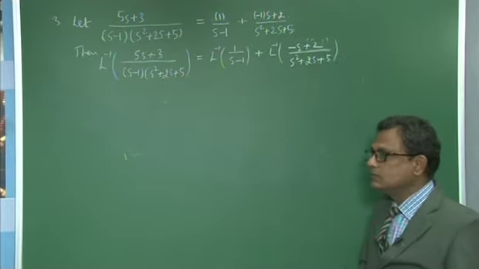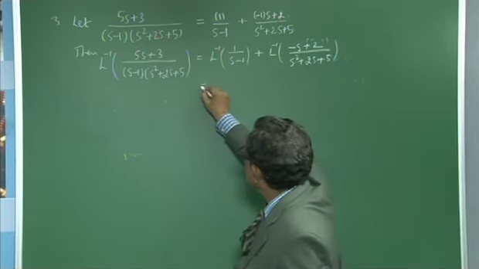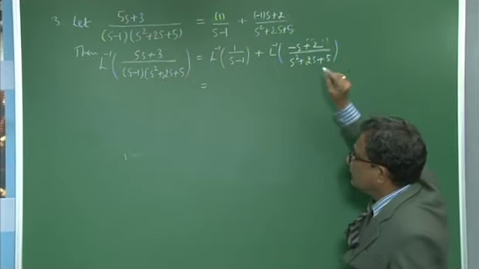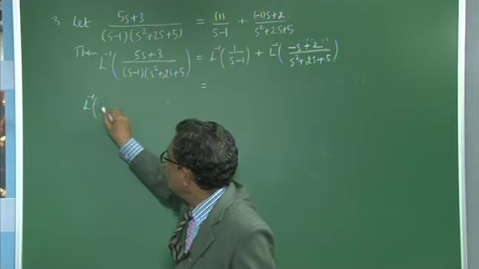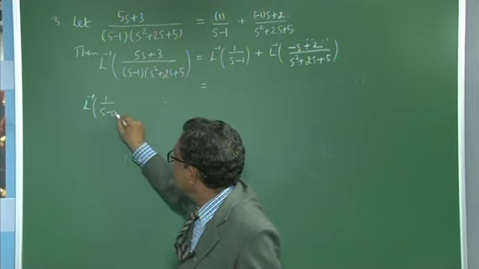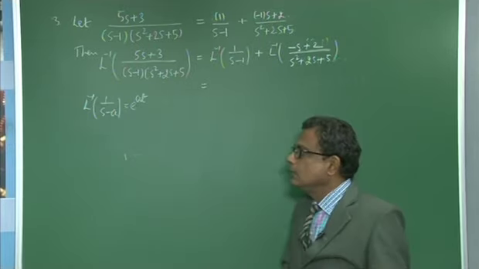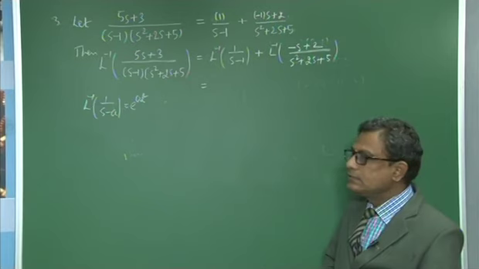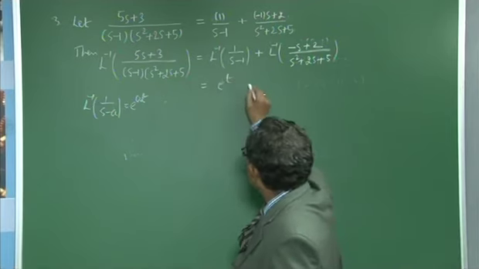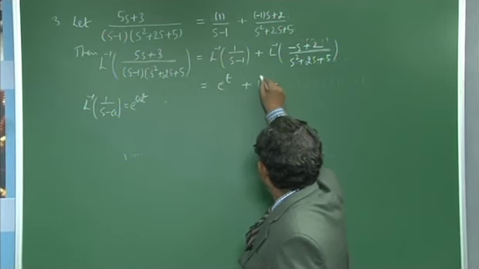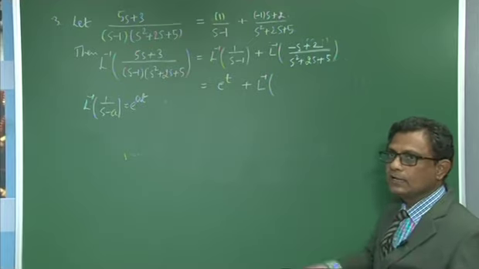Now the first term we can easily find by using a standard formula: L inverse of 1 divided by s minus a is e raised to at. Therefore, the first term is e raised to t, plus L inverse of the second term. How do we find this inverse Laplace transform?